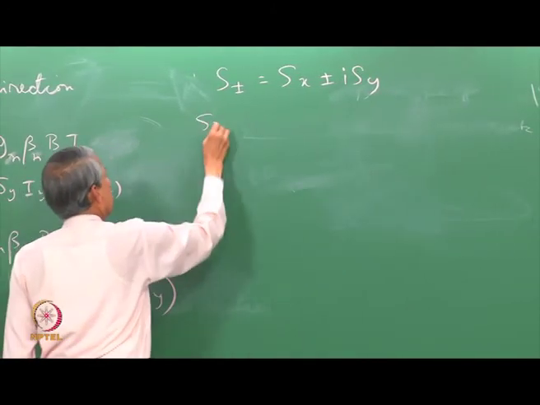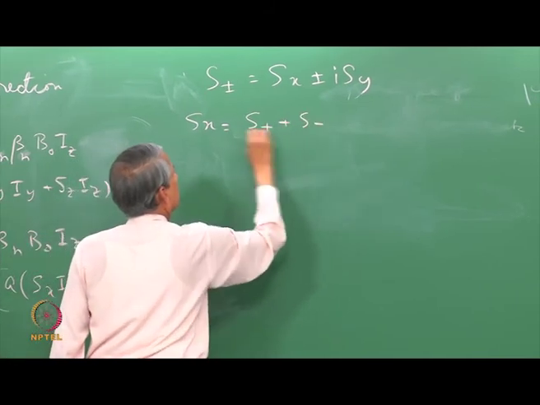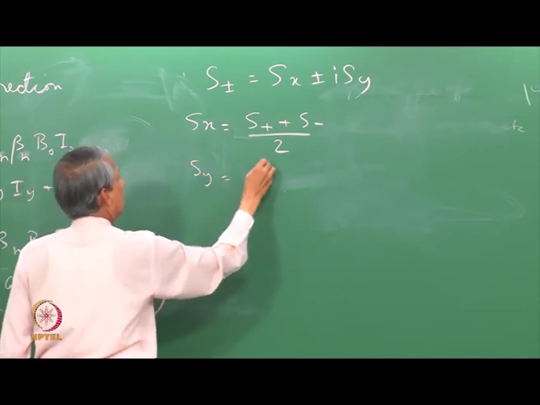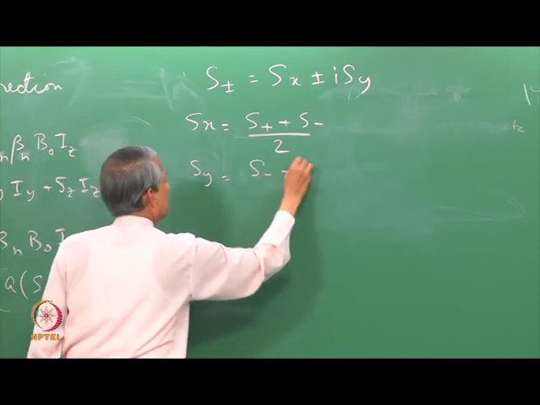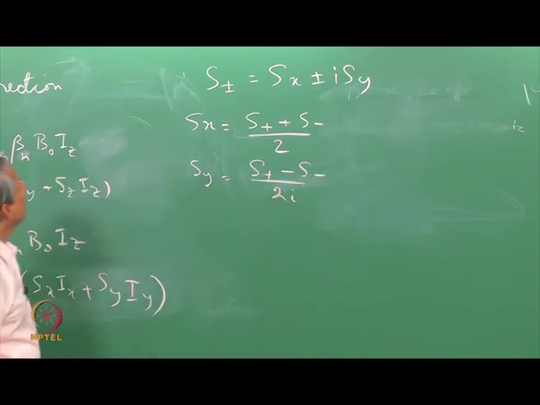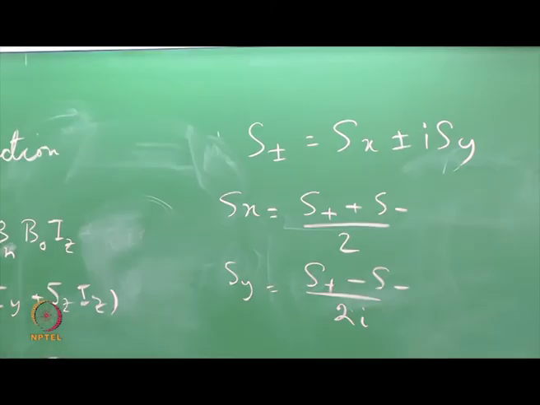So, Sx is S plus plus S minus by 2 and Sy is S plus minus S minus by 2i. Similarly, we can write for Ix and Iy.